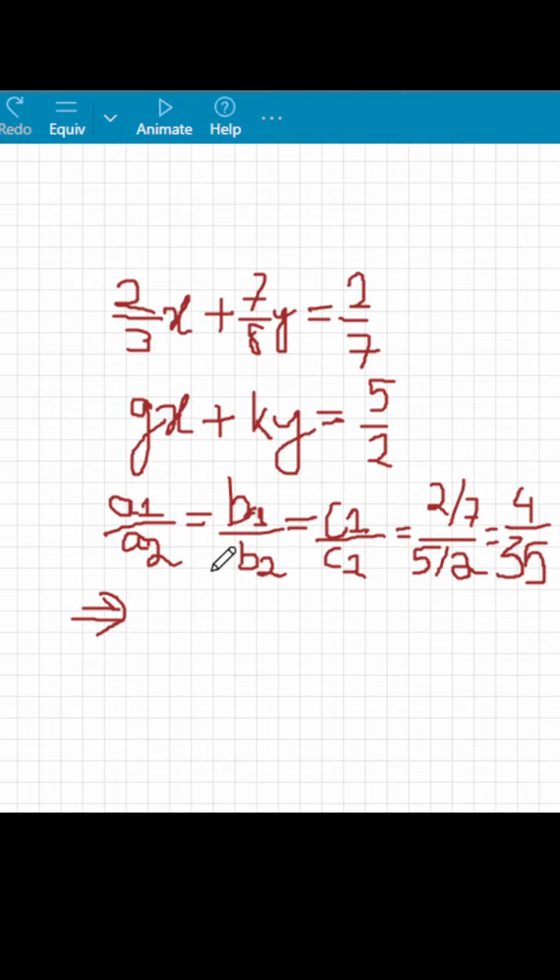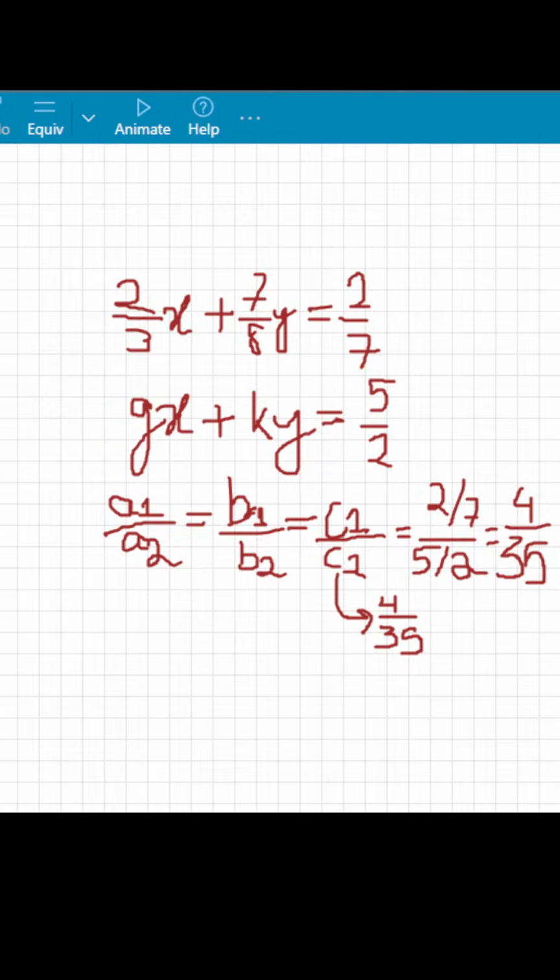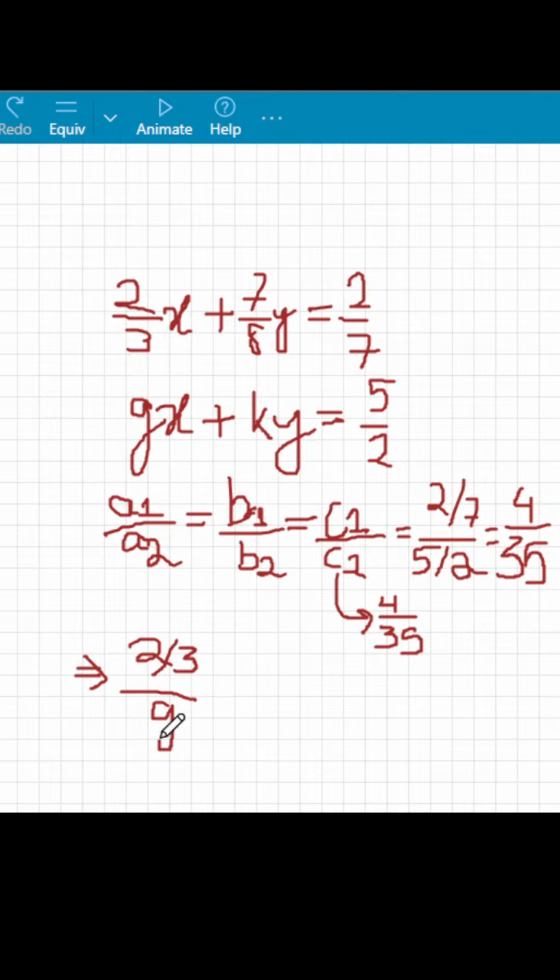So this c1 by c2 is 4 by 35. Now we can write the values of a1 and a2 and find out these values of g and k. So we have 2 by 3 is a1 and a2 is g, is equal to 4 by 35.